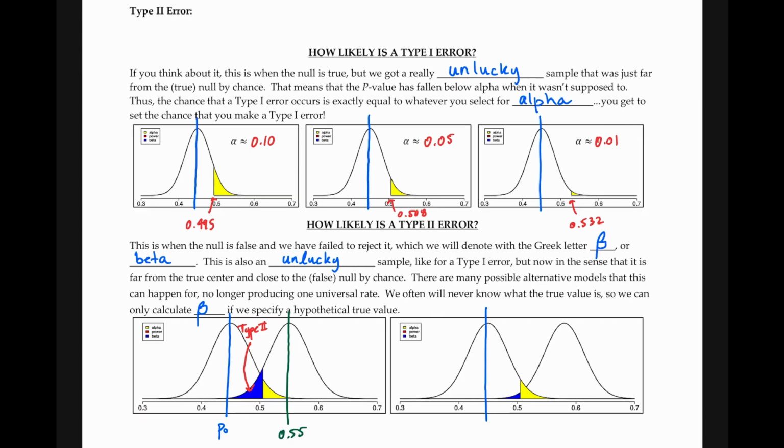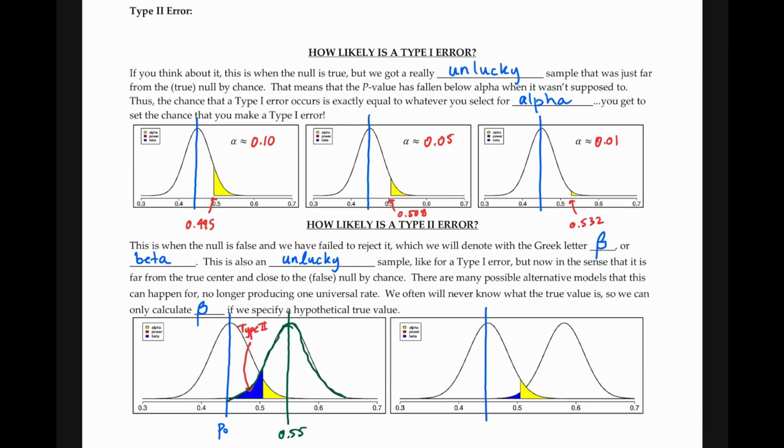But it turned out it's just an unlucky pull from this distribution here, which I should actually go over in green instead. So we're grabbing a sample that actually is from this sampling distribution, which is centered at 55%. But if it's in this blue region, it's just too close to the null center.